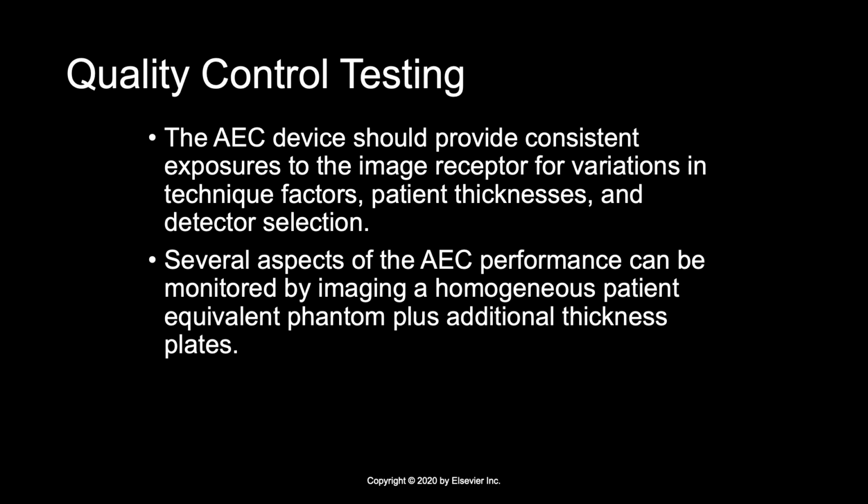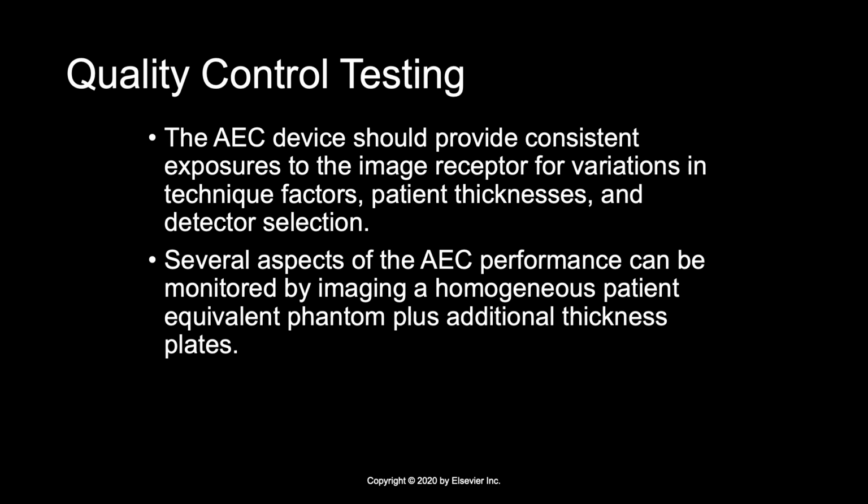The consistency of exposures with varying mA, kVp, part thickness, and detector selection can each be evaluated individually and in combination by imaging a patient equivalent phantom and measuring the results in milliroentgen for the exposure and pixel brightness levels.